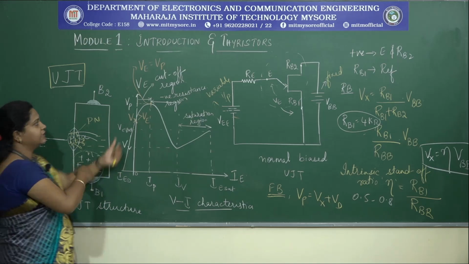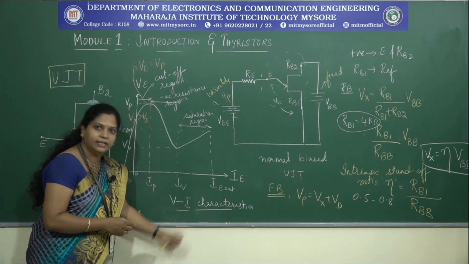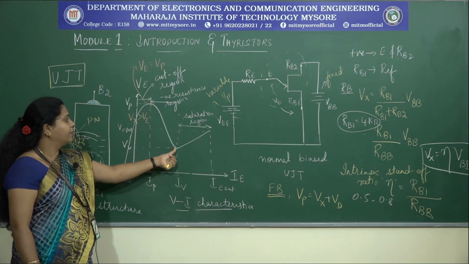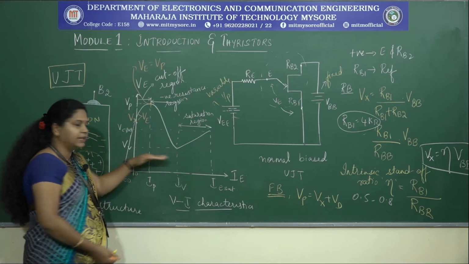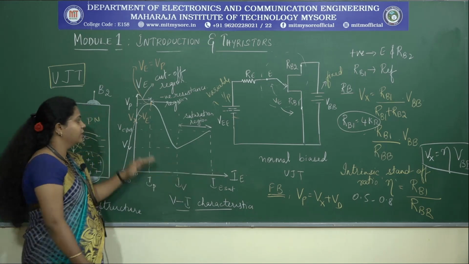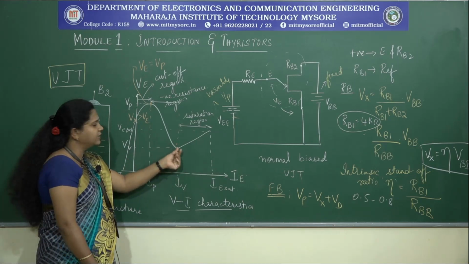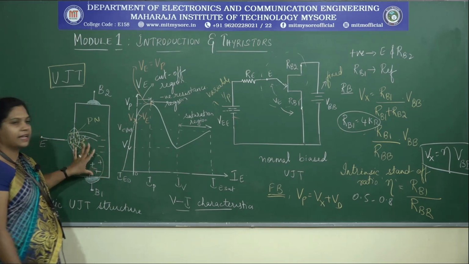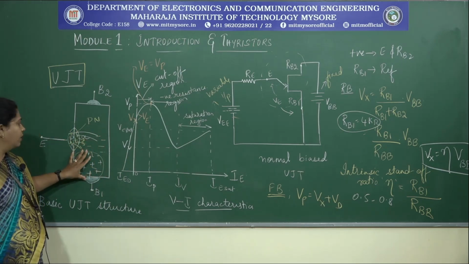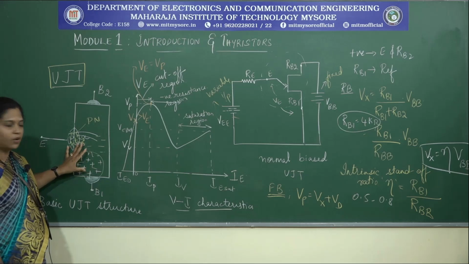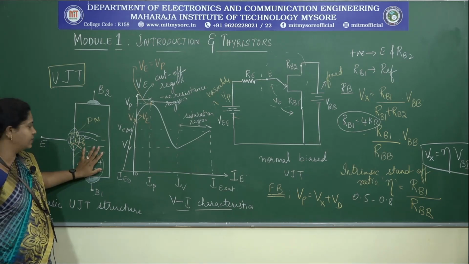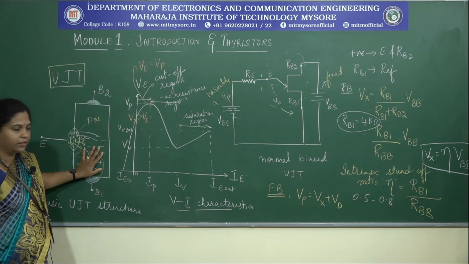So this part is known as the negative resistance region. The voltage dips, but the current is still increasing. The current keeps on increasing till where? Till there is some saturation, till all the available electrons or holes have been accumulated in this region, the B1 region.